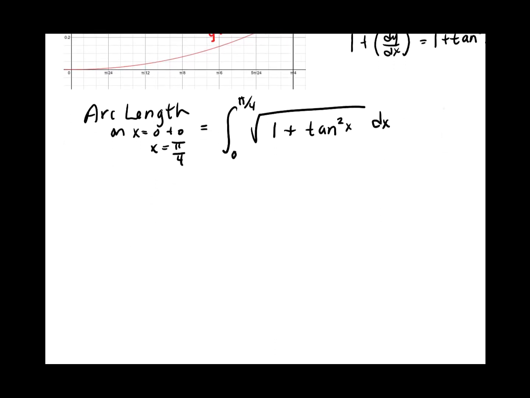And now that is very convenient because 1 plus the tangent squared of x is just secant squared of x. Just use our identities. Worked out convenient for us there.